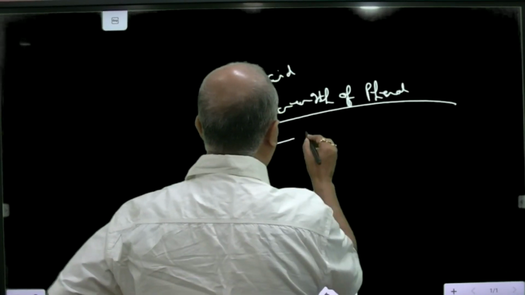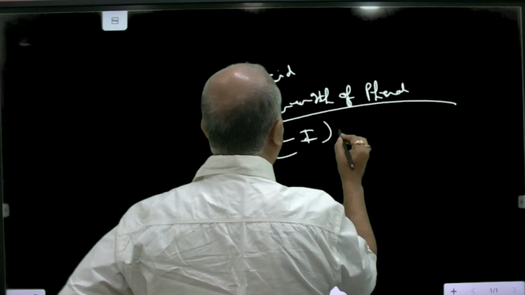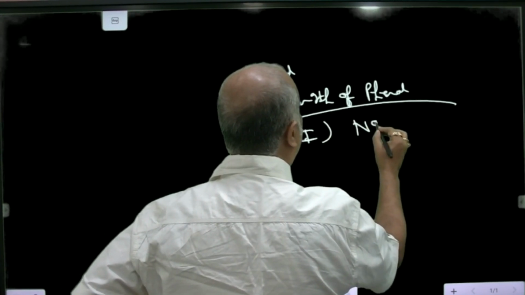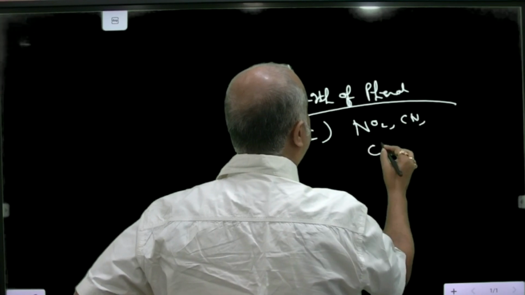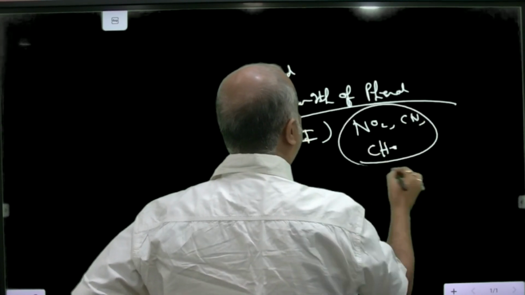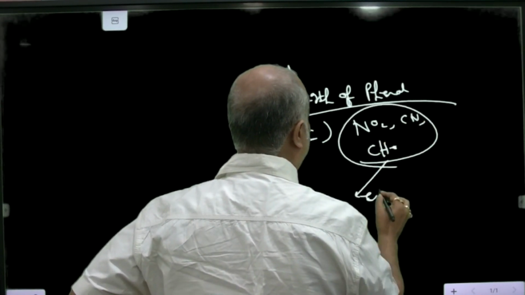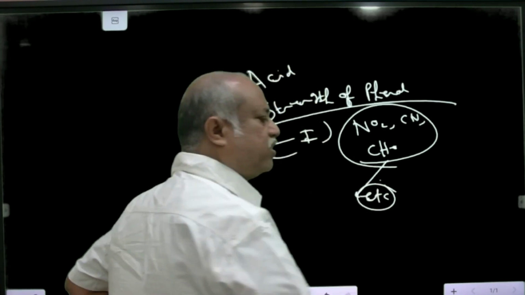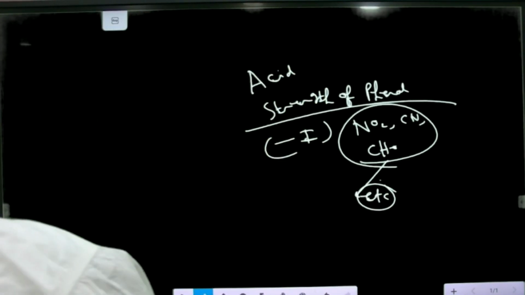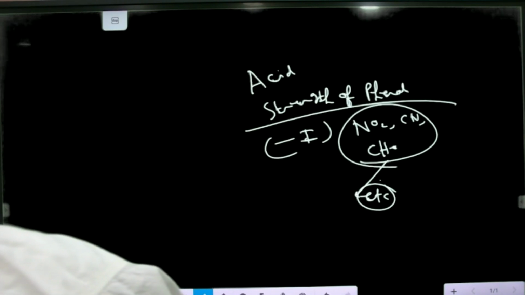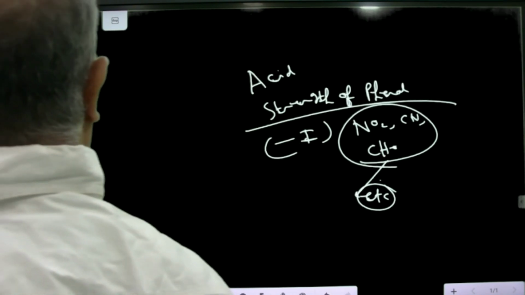Minus I effect or electron withdrawing groups like NO2, CN, CHO, etc. increase the acid strength.